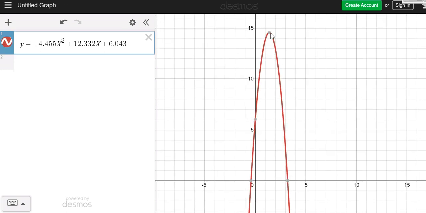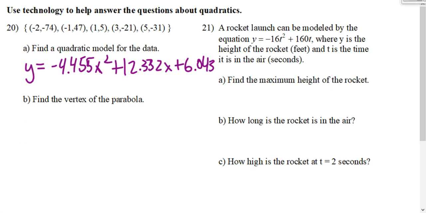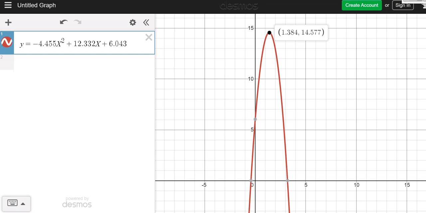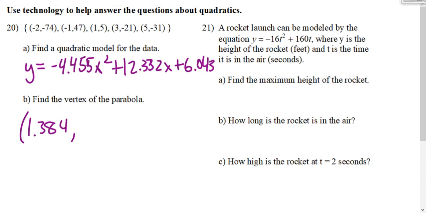You can zoom around until you can find the vertex, and that looks like that's what would be the vertex, 1.384, comma, 14.577. Again, I didn't mean to make it that complicated. It won't be that complicated on the test. Again, it doesn't matter because the computer did all the work.